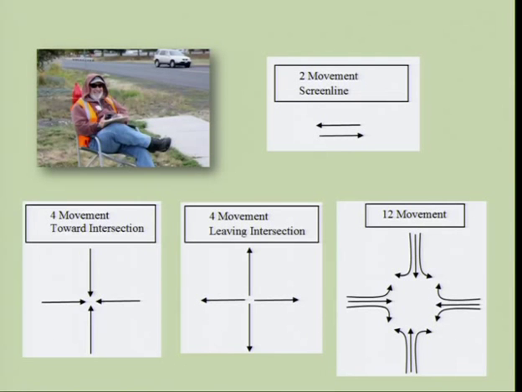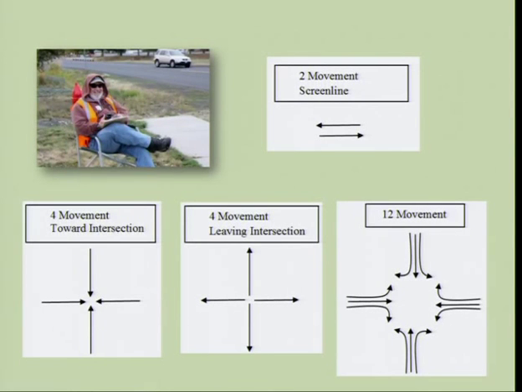Sometimes they'll count at a screen line that's maybe in the middle of a block, and they're counting in both directions. Other times they'll count like this, people going into the intersection, people leaving the intersection, and then a 12 movement count, which is what the National Bicycle and Pedestrian Project recommends, and I actually do too, which I'll explain why in a second.